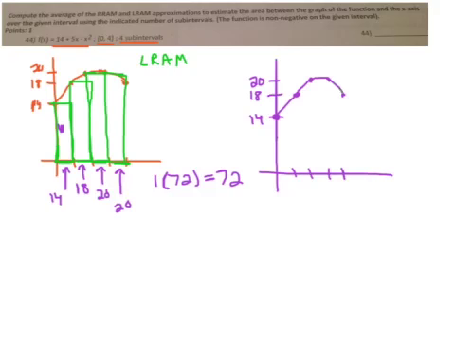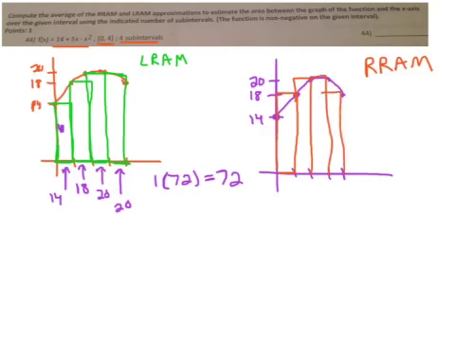So now for the RRAM, the right side of the first rectangle needs to come up and touch the curve and then go over. So there's my first rectangle. Here's my second rectangle, third rectangle, fourth rectangle.